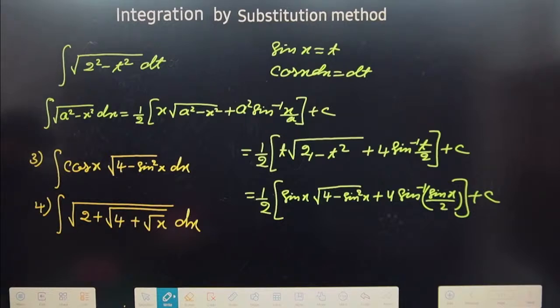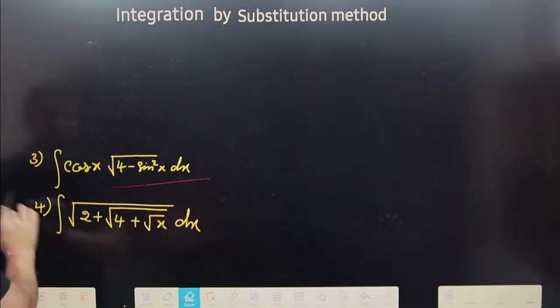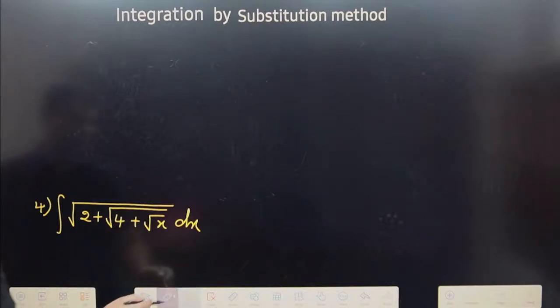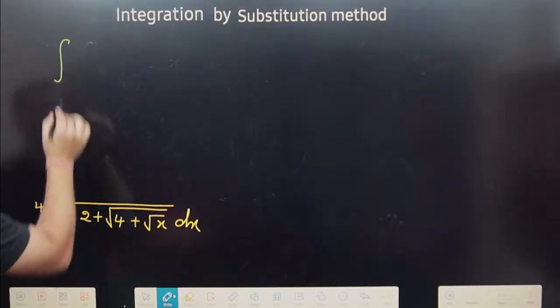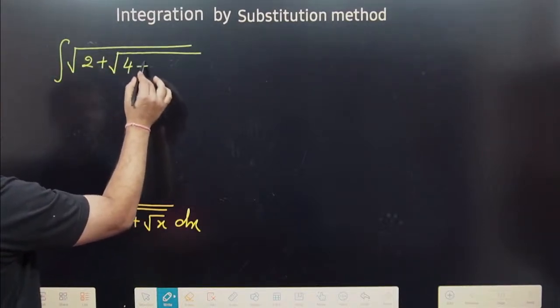Okay. I hope it is clear. Now we focus on the next part: integration of 2 plus under root 4 plus root x.